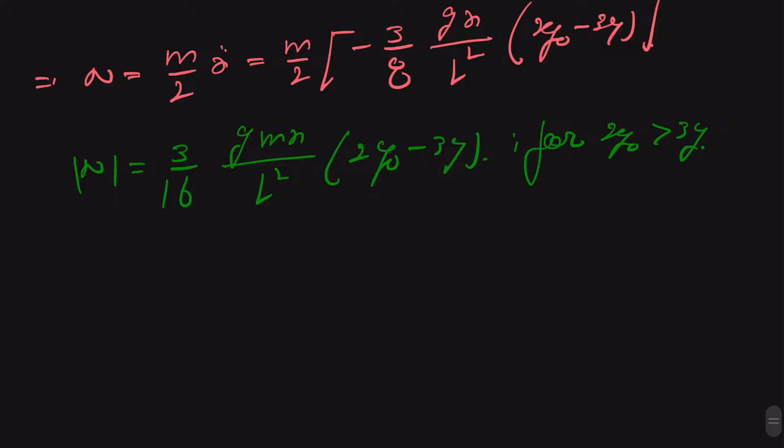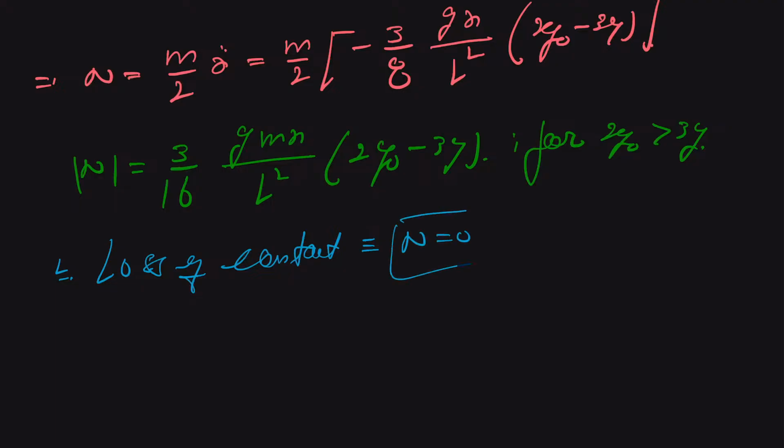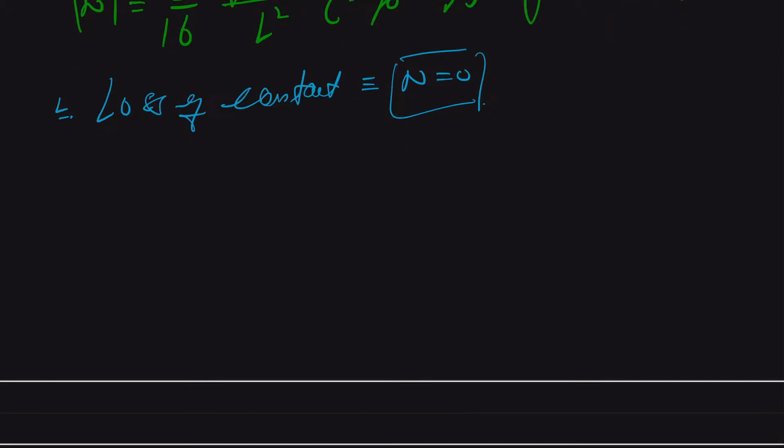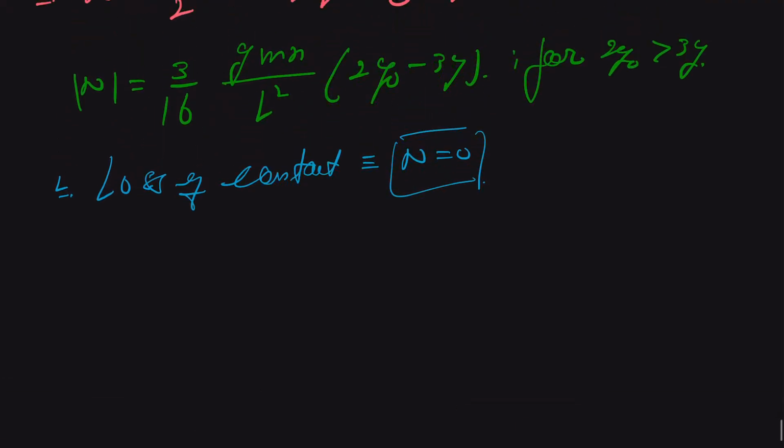Okay, we are almost done now. So we can say that loss of contact will be when the value of N is equal to 0. This is universally true for any problem. Whenever we talk about loss of contact, the value of the normal force will automatically be equal to 0. So we can make this entire term equal to 0. Obviously this is our constant, it cannot be equal to 0.